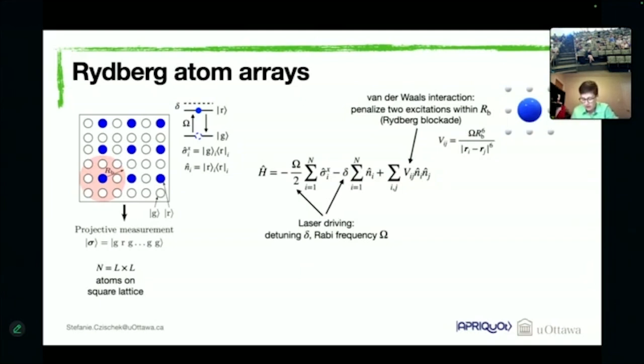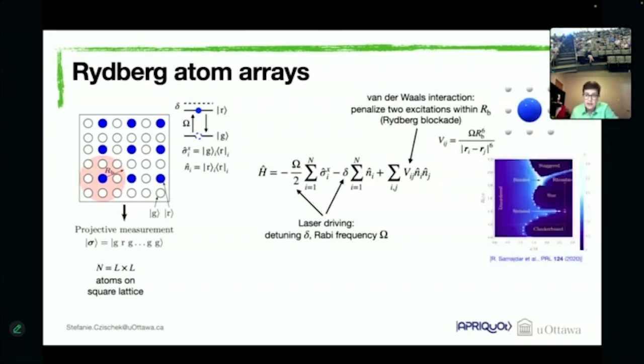And the reason why we look at these systems is that on the one hand, numerical studies have shown that by tuning these Hamiltonian parameters, we can prepare the system in a huge variety of different phases of matter, which are separated by different kinds of quantum phase transitions. So already from the theoretical side, there's a lot to study and to explore in these Rydberg atom arrays.